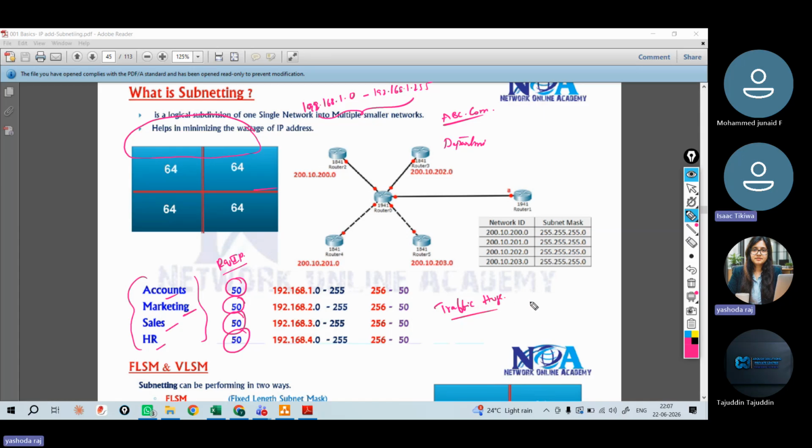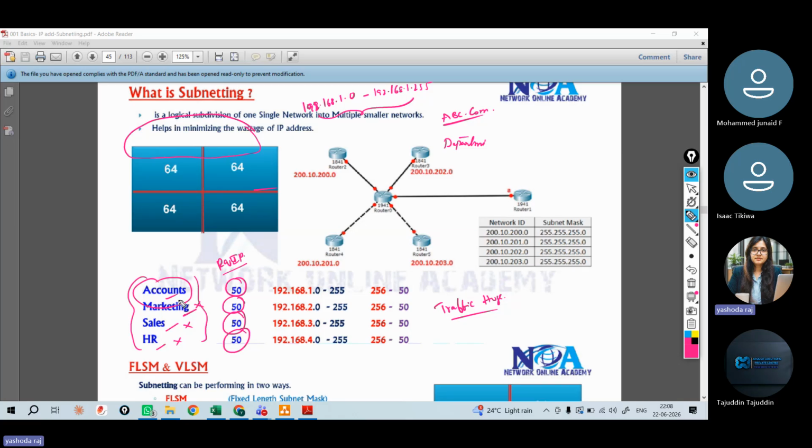And suppose each department is going to access each other's data. That was the problem. I wanted to keep the traffic separate, and also accounts should not access marketing, marketing should not access sales, sales should not access HR, and vice versa. Clear?